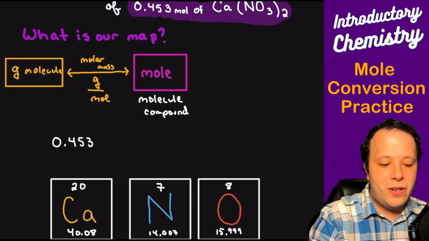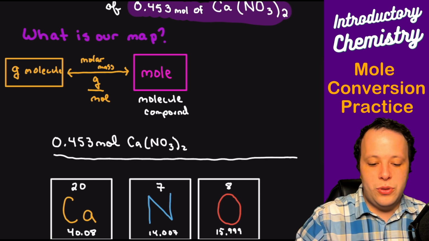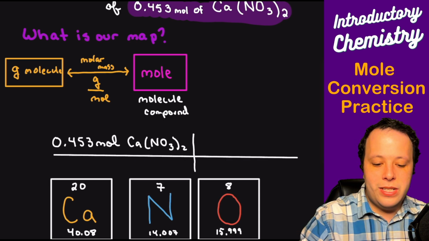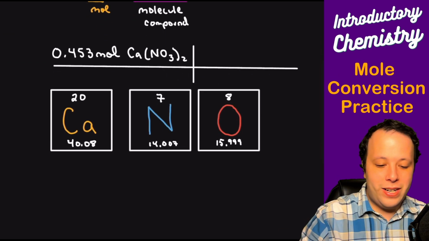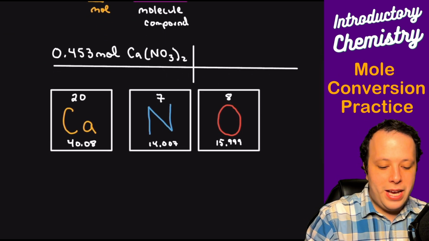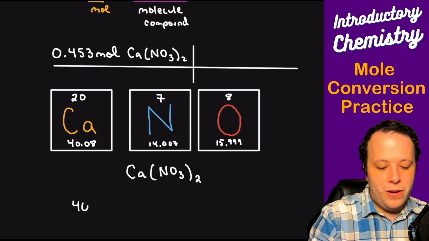So if we are starting with calcium nitrate, Ca(NO3)2, what we need to do is convert this to grams. The way we're going to do this is by using the molar mass of calcium nitrate. We have our formula, Ca(NO3)2, and we are going to add up all of these components.